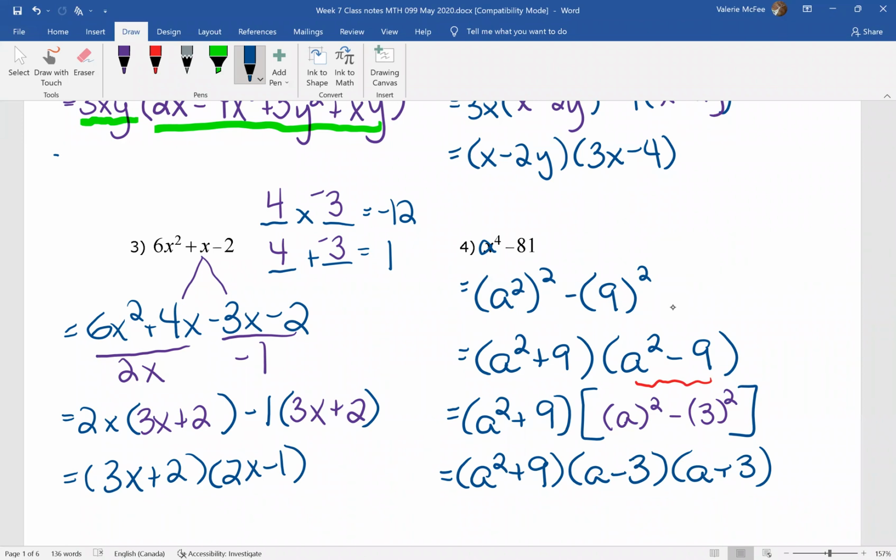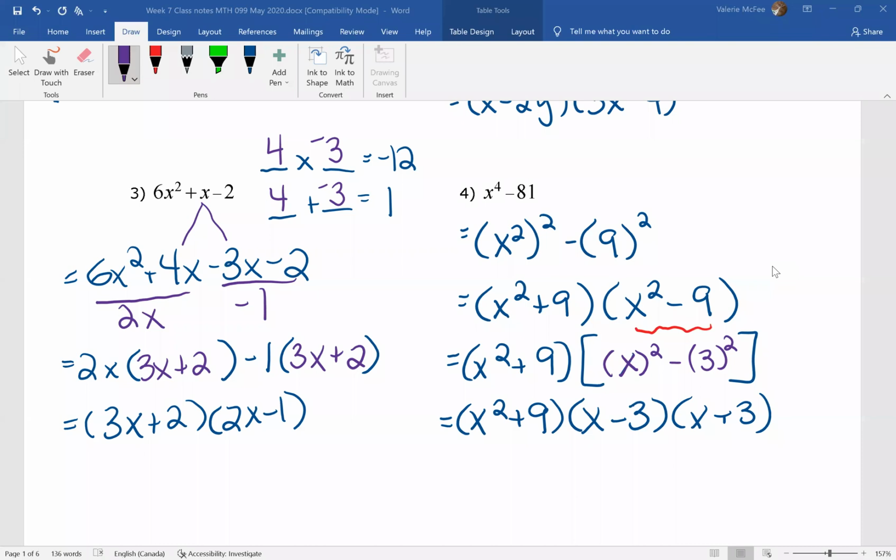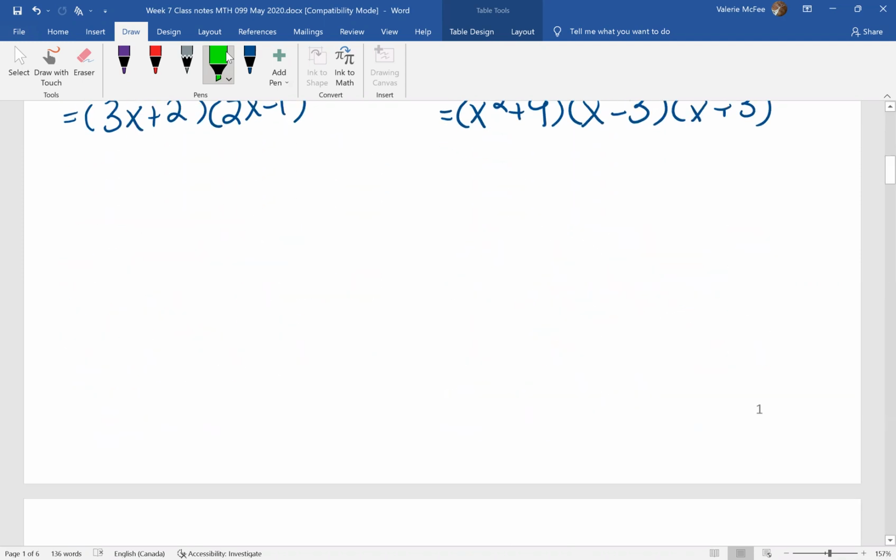Let me change those all to an x. Okay, that's better. Take a look at that. Make sure that you're able to recognize those difference of squares, even when they show up inside another difference of squares. That always makes a good test question or final exam question.